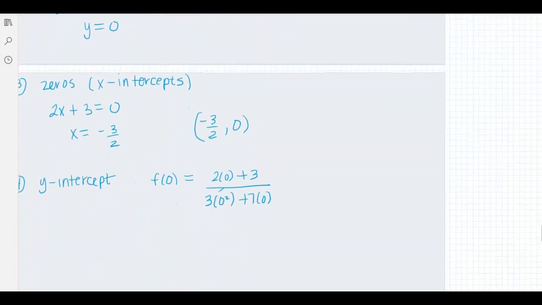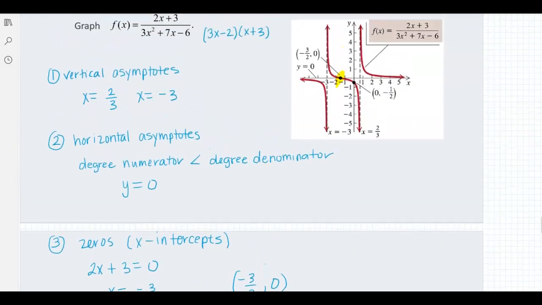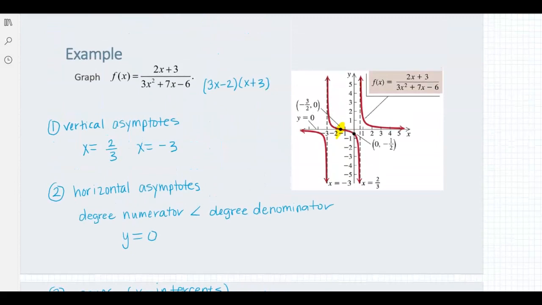Minus 6. So I'm getting 3 over negative 6, which is negative 1/2. So the y-intercept is at 0, negative 1/2. And looking back up at the graph, I can see that that's reflected right here.